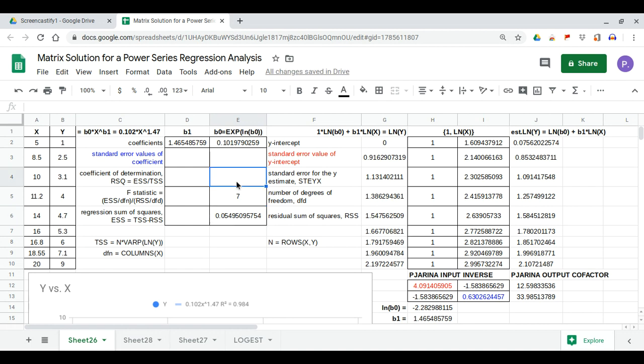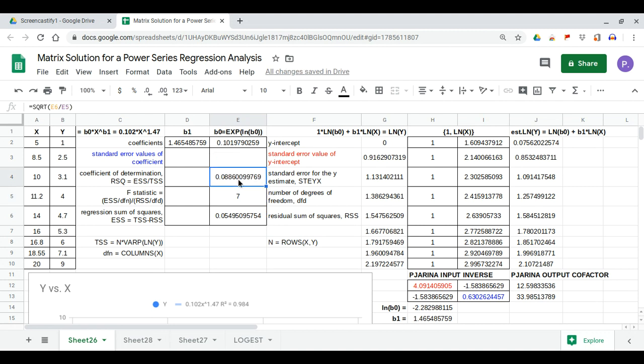Now we can calculate the standard error of the estimate, which is equal to the square root of RSS divided by the degrees of freedom of the denominator.